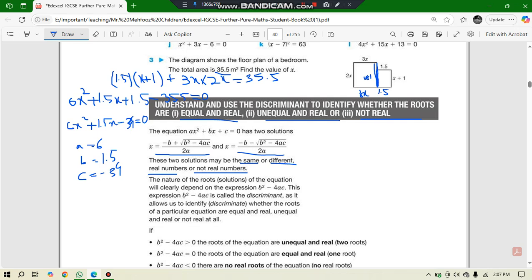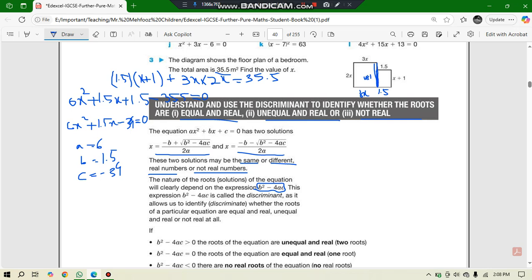The nature of the roots or solutions of the equation will clearly depend on the expression b square minus 4ac. This expression is important for the properties of roots, because it is called the discriminant, and it is very important for the nature of the roots.